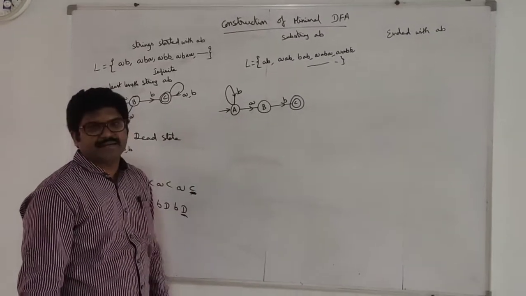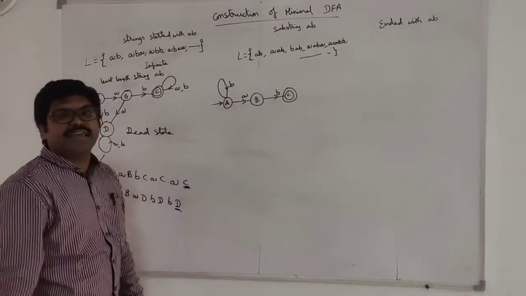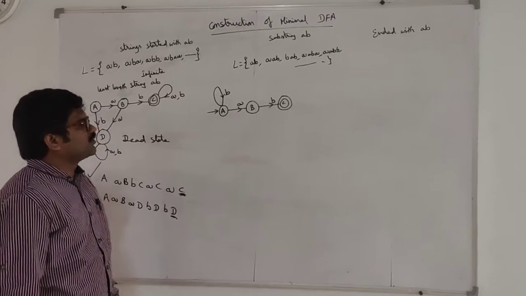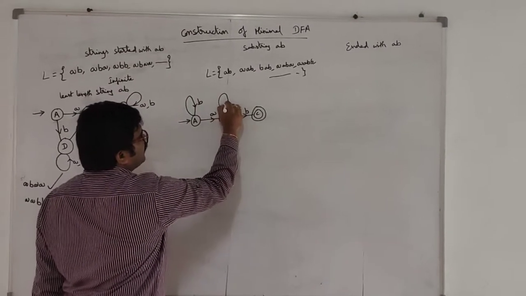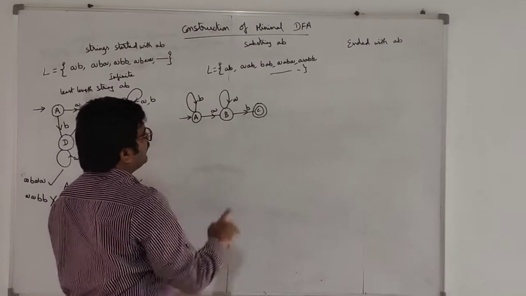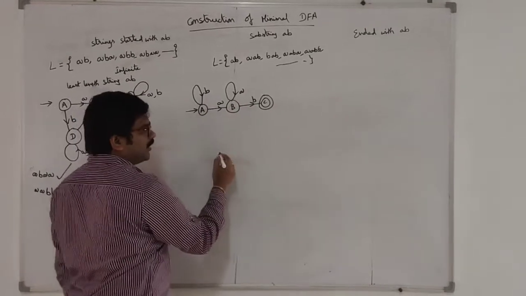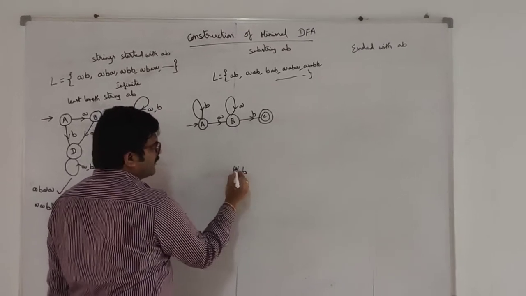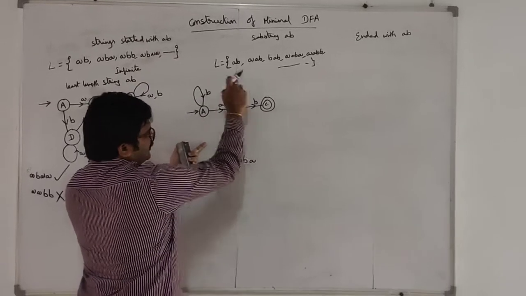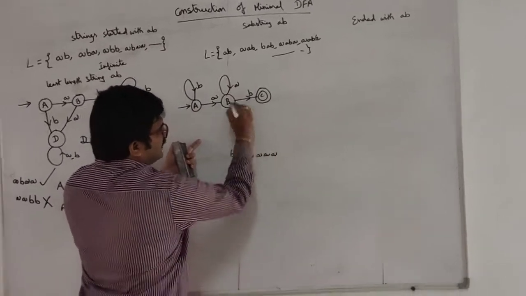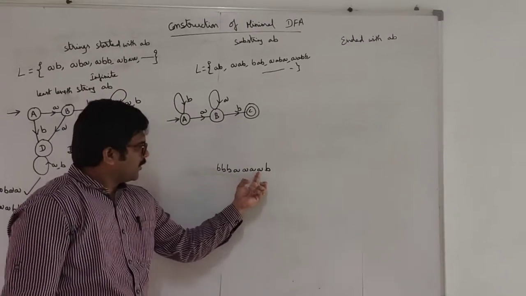Let us move on to the next state. Now this state is not complete. Why? We have a transition B, but we don't have the transition A. So what can I do? If we give a self loop A here, is there any problem or not? You need to check. Because of the self loop you will get many A's, and then you are getting a B. So my string consists of AB.